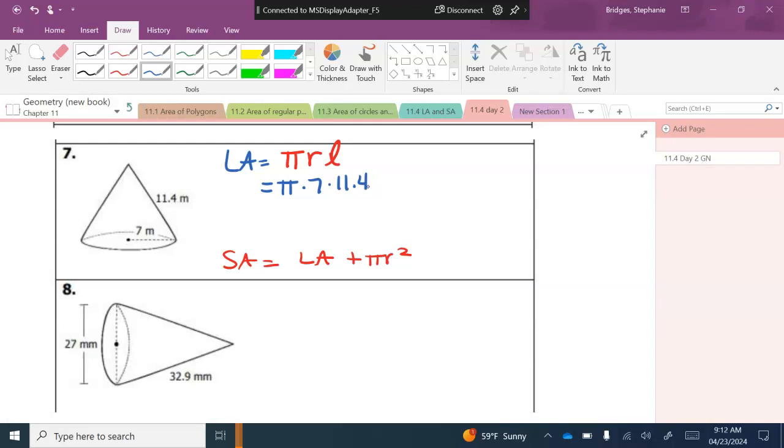And then you're going to stick pi on the end of that number. Do 7 times 11.4. That's the answer. That's for lateral area, yep.